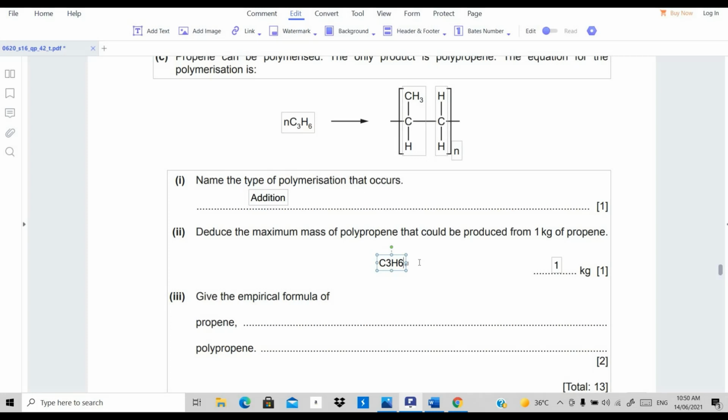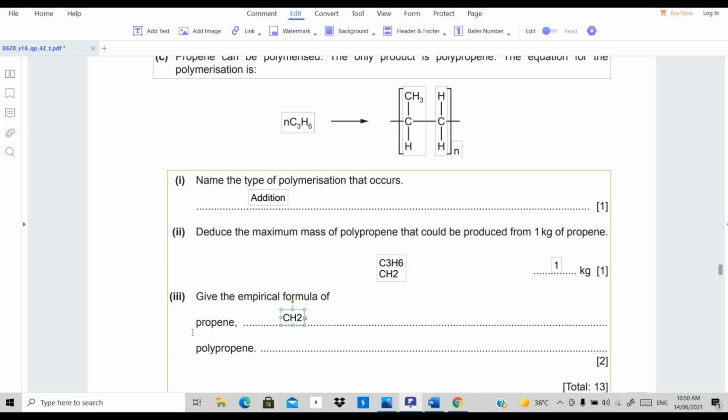Now, tell me by which number you can divide both. I think 3 is the number, they can divide both. So we'll divide 3 by 3, which is 1, and 6 divided by 3, which is 2. So this will become CH2. CH2, simplest whole number ratio, right? Correct, perfect. This is the answer you need to give, right here, CH2.